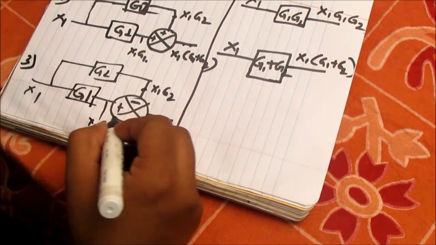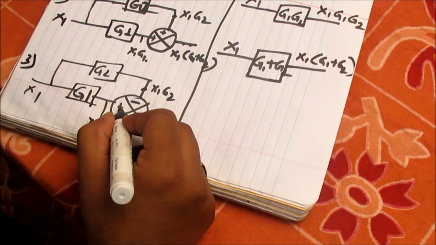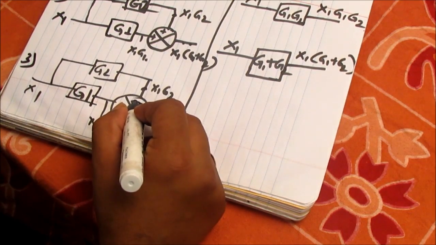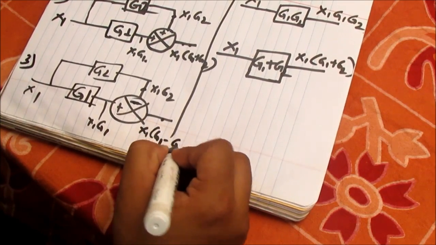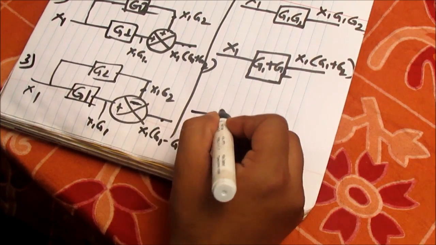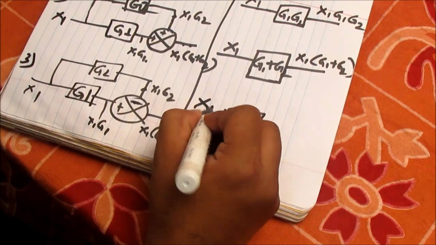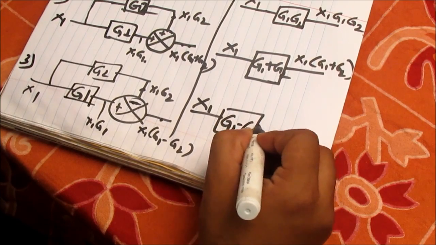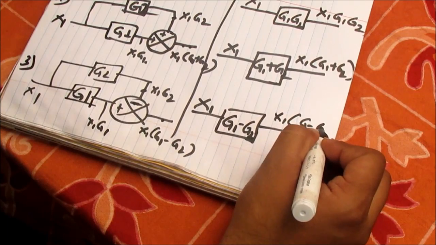So the output will be x1 G1 minus x1 G2, because here it is minus sign. So it will become x1 (G1 minus G2). This can be represented by this equivalent form where we have x1 here and the gain is G1 minus G2, and the output will be x1 (G1 minus G2).